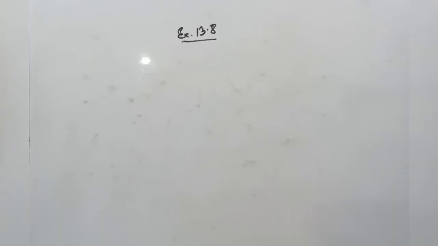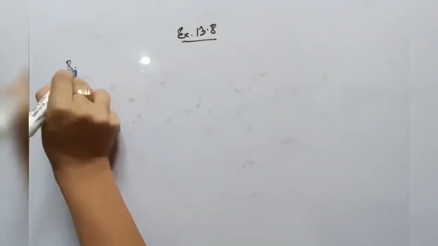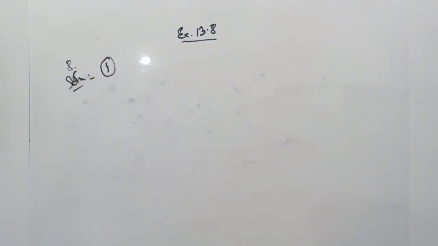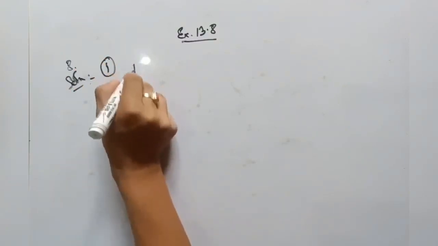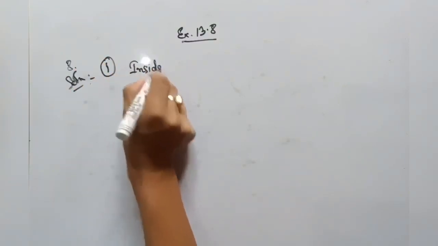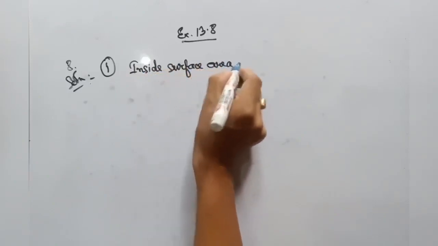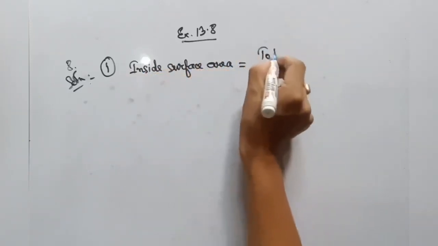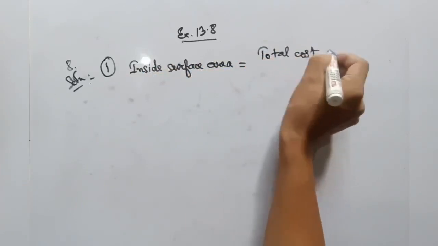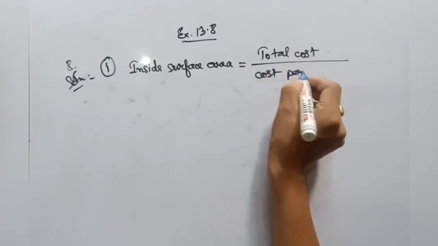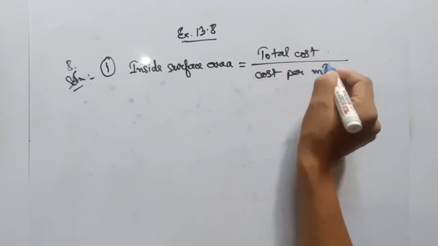So exercise 13.8, question number 8, solution. In part 1, we have to find the inside surface area of the dome. So the inside surface area is equal to the total cost divided by the cost per meter square.